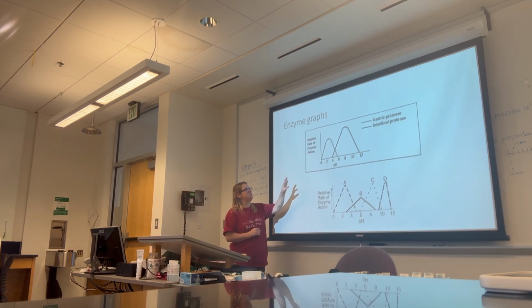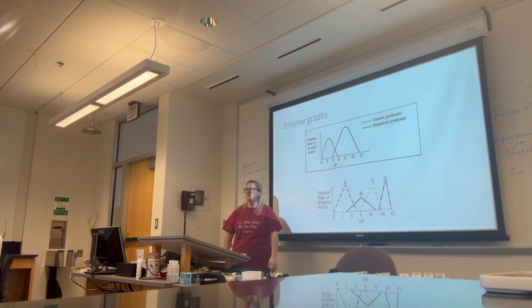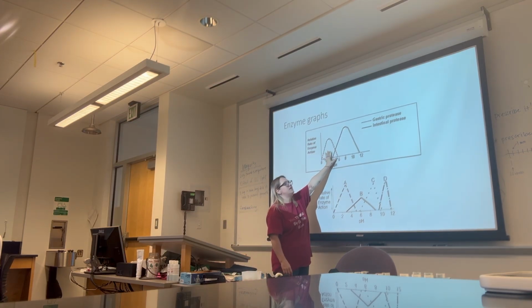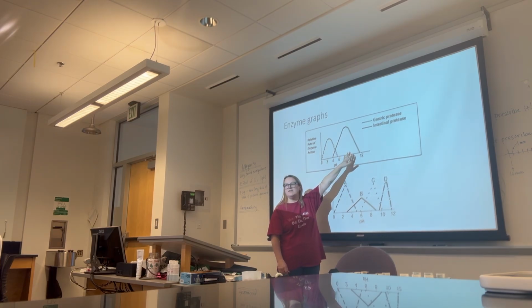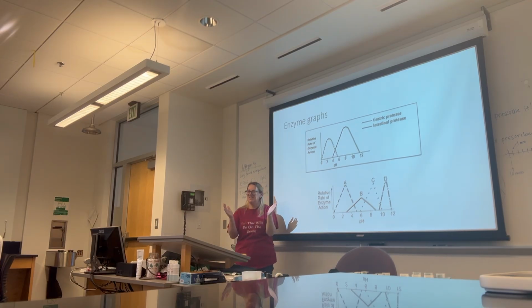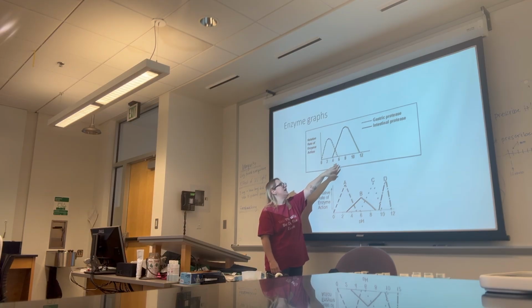And then here are 2 other ones to make sure you can interpret as well. For this one, we have 2 enzymes represented. One works well in acidic conditions, and another works well in alkaline or basic conditions. So here's another test to make sure you know what the pH is. If we have both of these mixed together, both of them will work in this range of pH 4 to 6.